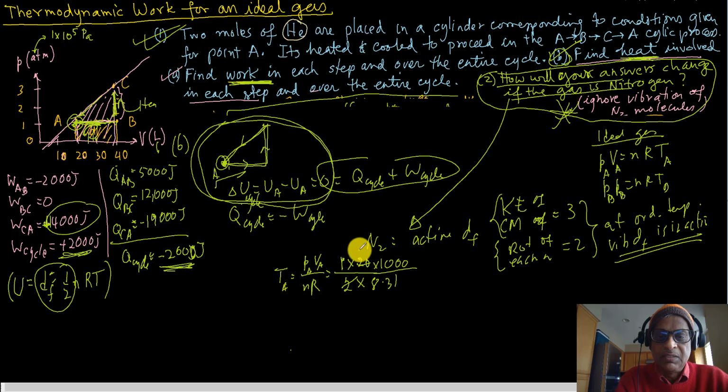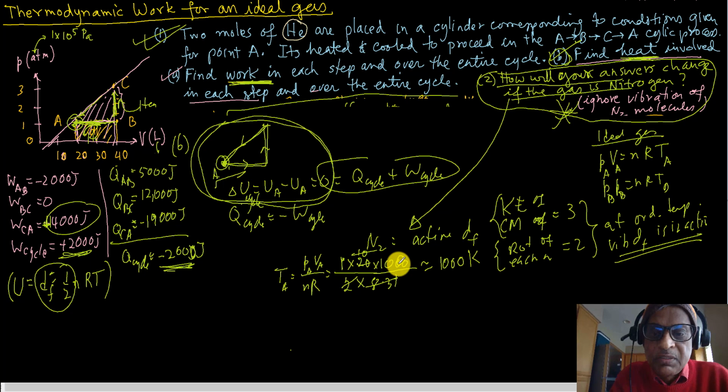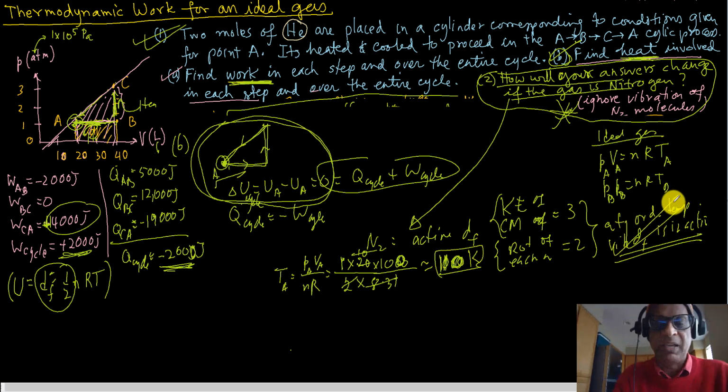So you can see this is 10, and so this is like 1,000... oh no, this should be 10. So this is like 110 K or something like that, and this is okay. So this assumption is okay.